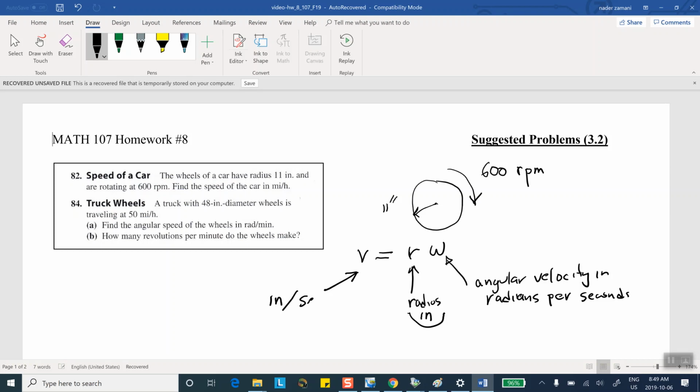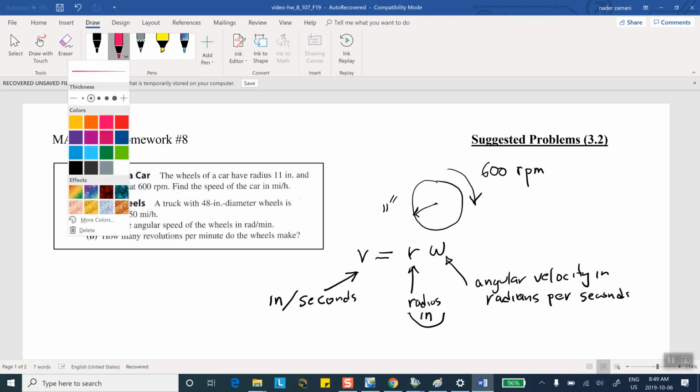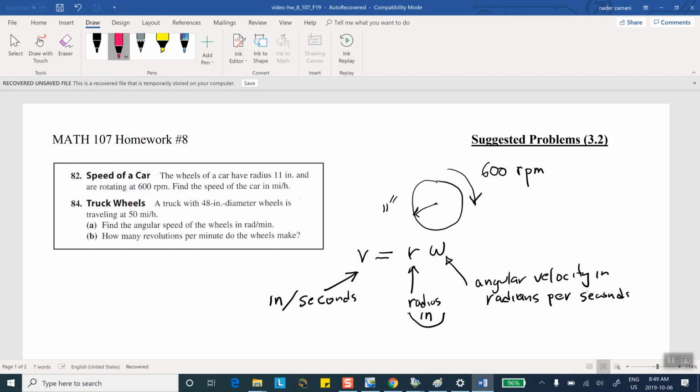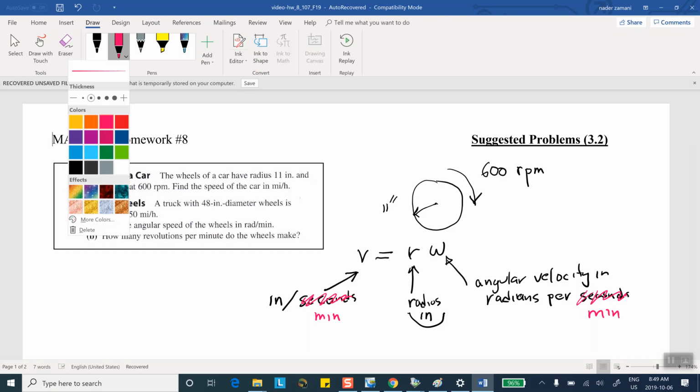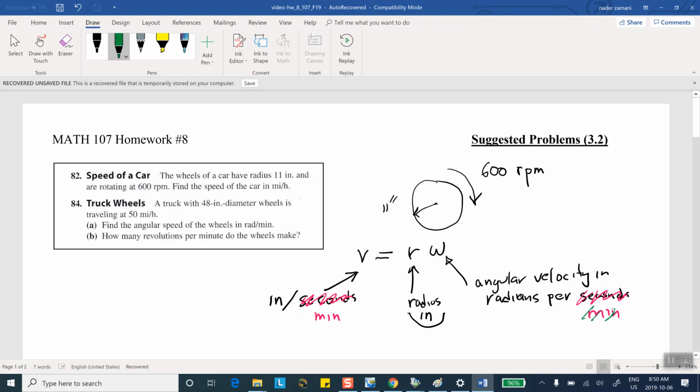On the other hand, if you make this radians per minute, then this becomes inches per minute. If this is hours, this becomes inches per hour.